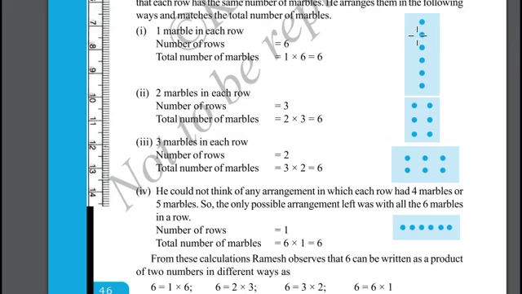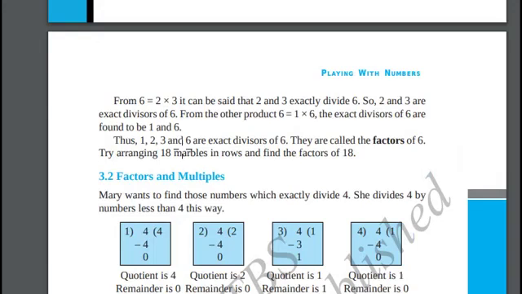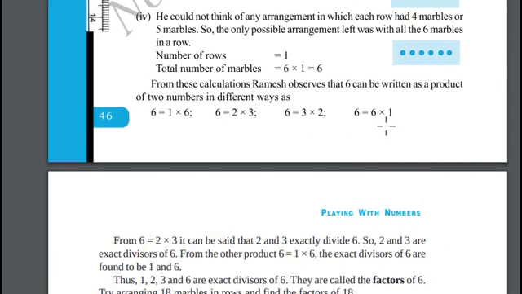Here 1, 2, 3 and 6 are exact divisors of 6. They are called factors of 6. 6 itself is a factor of 6.